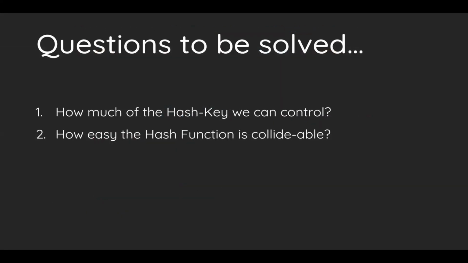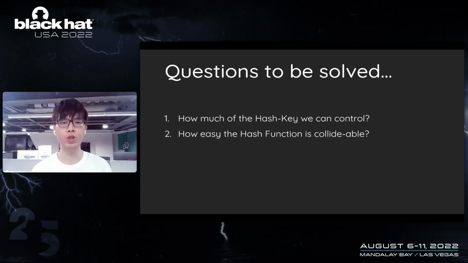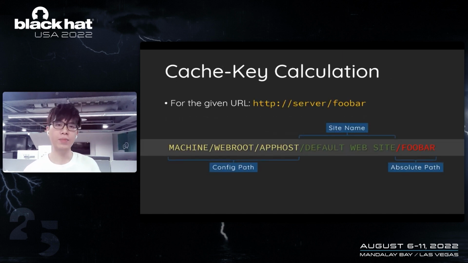To exploit that, there are still several questions to be solved. For example, how much of the cache key we can control, or how to construct the collision payload. There are several elements in a cache key, and the only element we can control is the URL path, which is reflected at the end of the cache key.